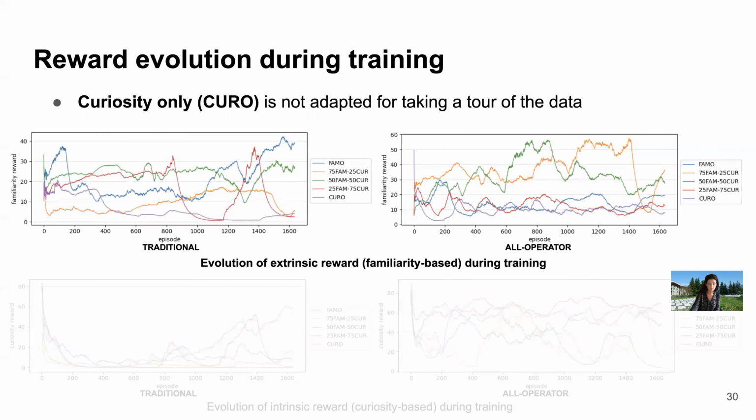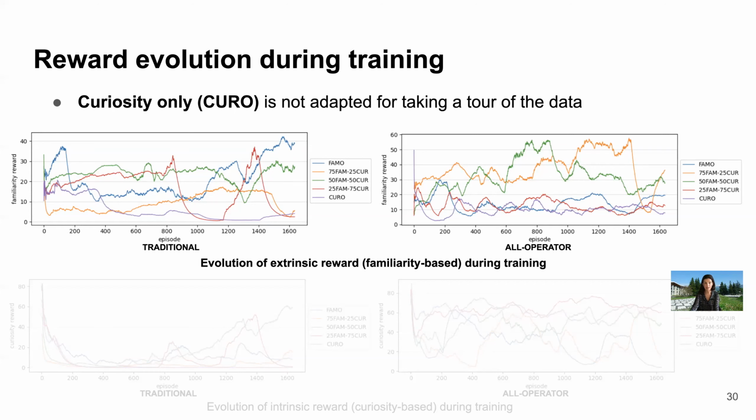space. The second observation, which is equally interesting, is that if I optimize only for curiosity, right? So if I say, okay, I'm doing data exploration, so let me just be curious. If I optimize only for curiosity, it actually does not help me take a tour of the data. And that is exhibited by the purple line, which is basically the lowest line on the left-hand side here.